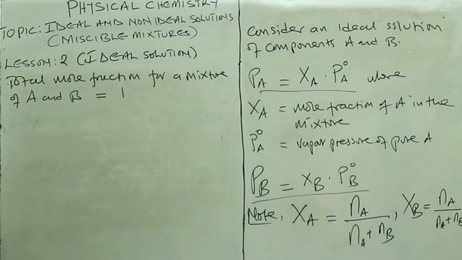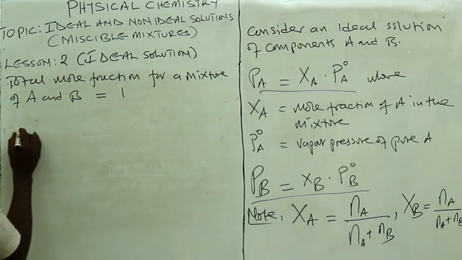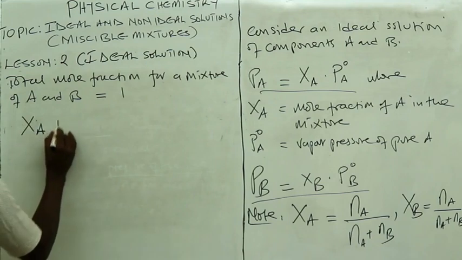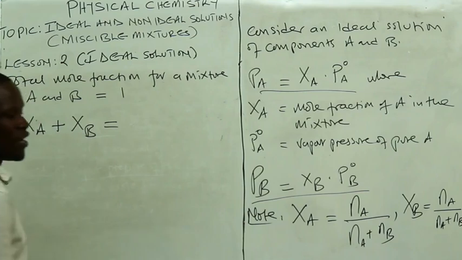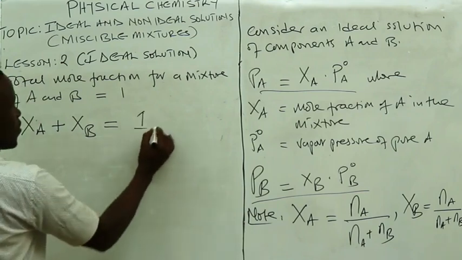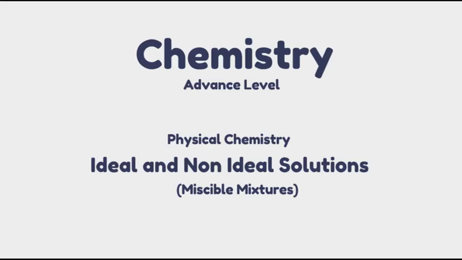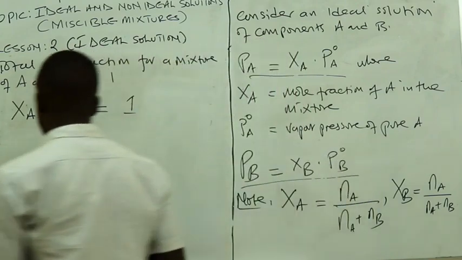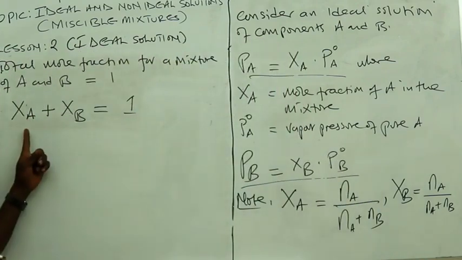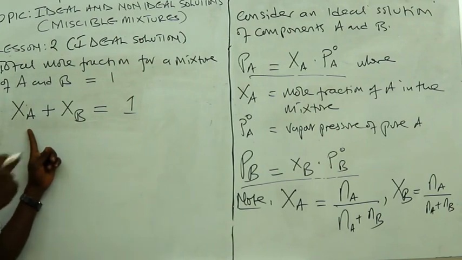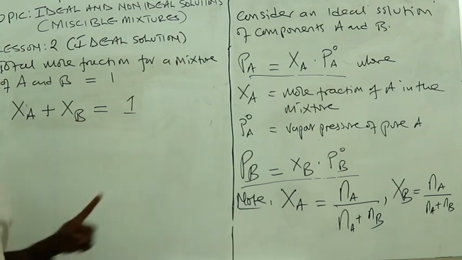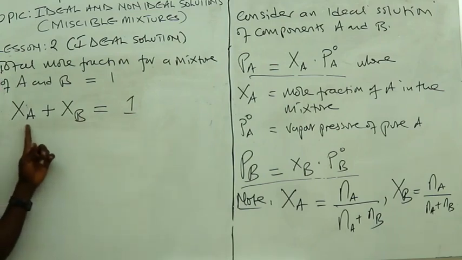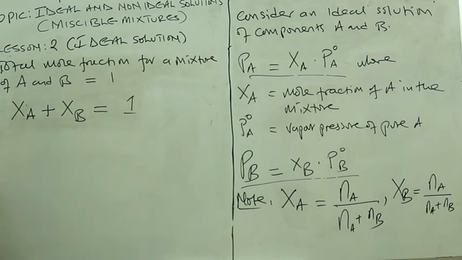It's unity. For example, if we add the mole fraction of A and the mole fraction of B, then we shall get 1. So for mole fraction, the total mole fraction in a mixture of two substances A and B is going to be equal to 1. That means mole fraction of A plus mole fraction of B is equal to 1.